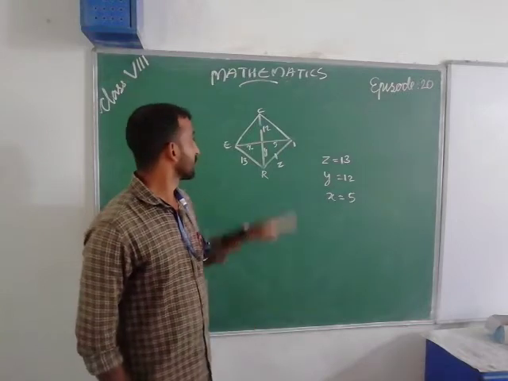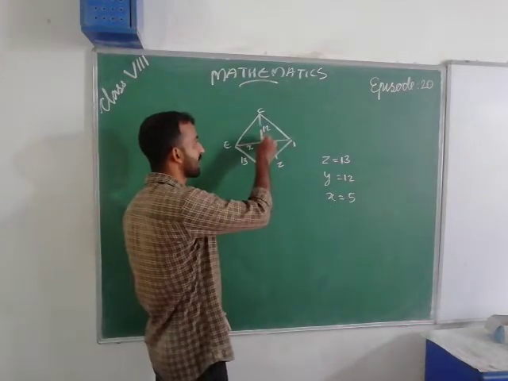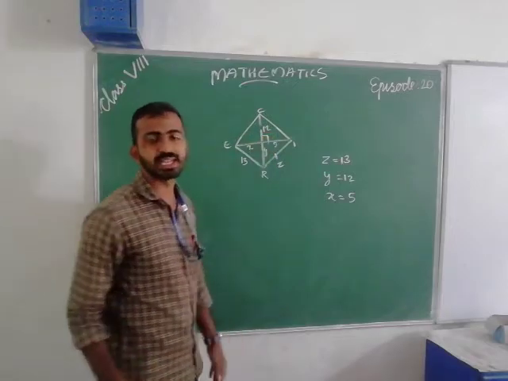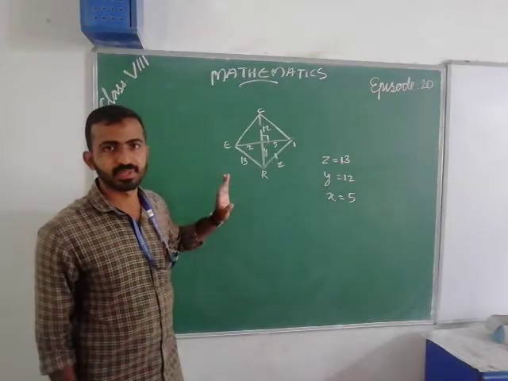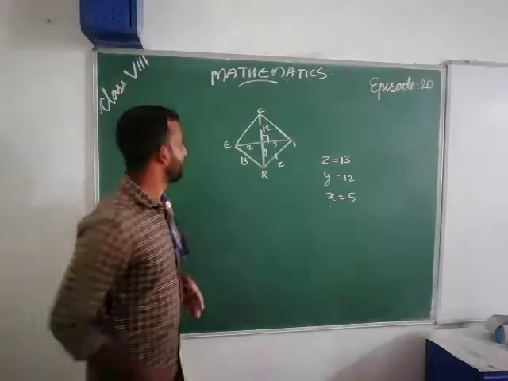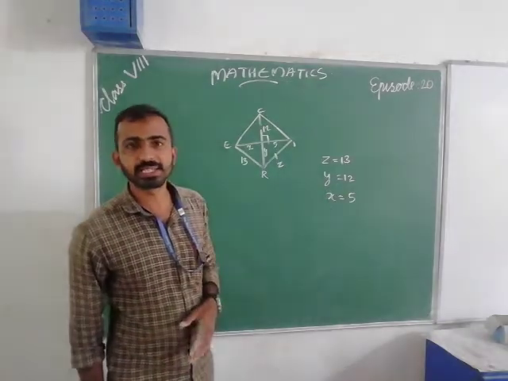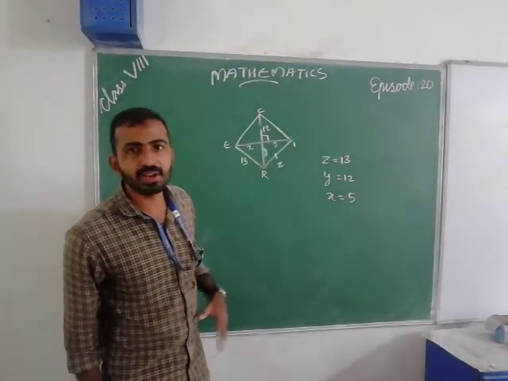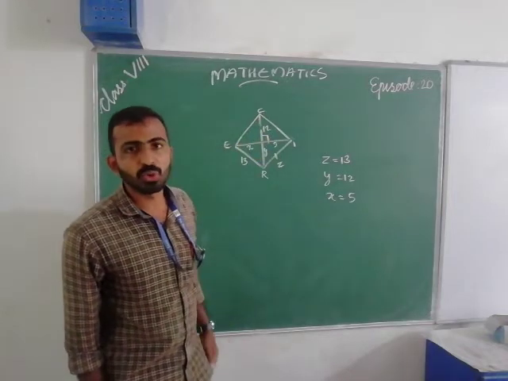Next is the explanation for the example. I told you that the diagonals perpendicularly bisect, so this angle is 90. This is a linear pair, is it? Yes. We know that around a point the angle is 360. These triangles are congruent.